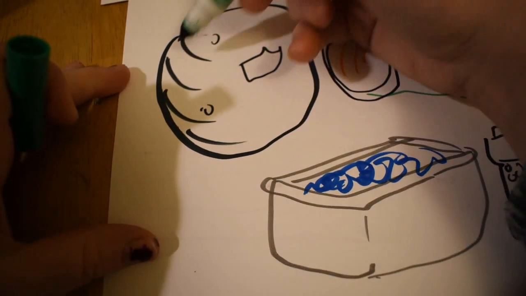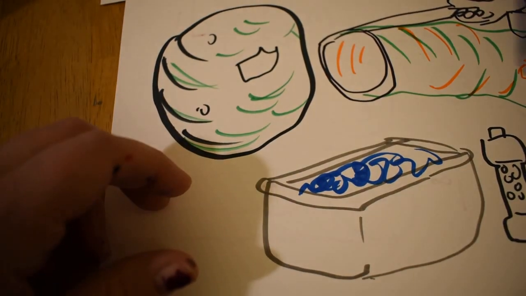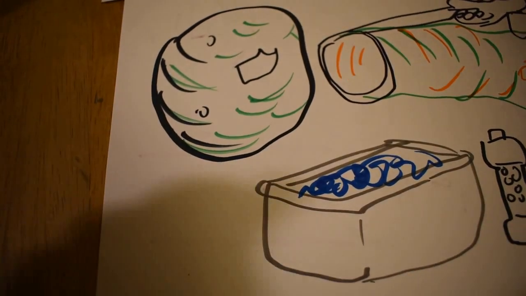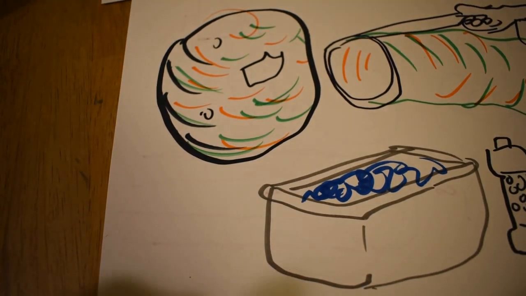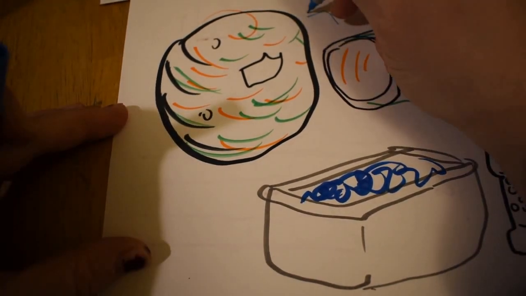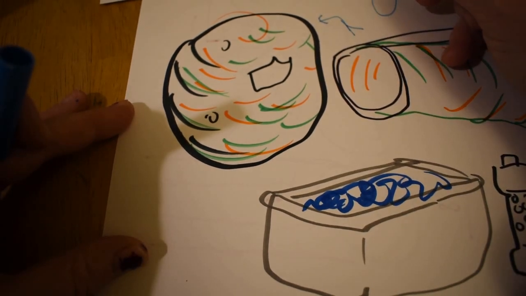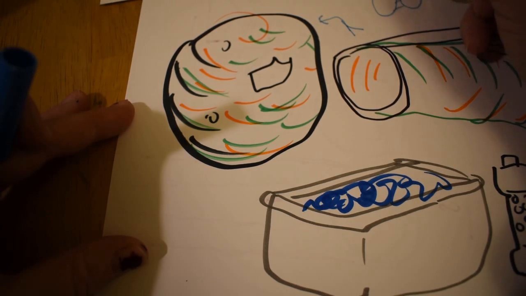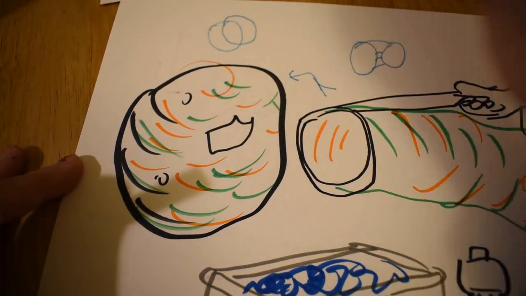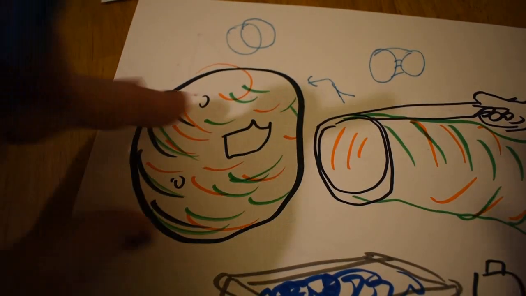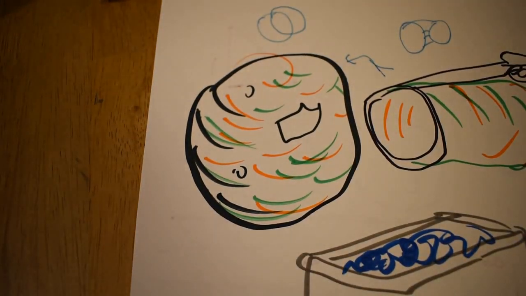Let me just put the green and orange in here again so you know that it's the same bubble. Okay, so when this is released, when it's allowed to collapse in on itself and go from the toroidal form back into the collapsed spherical form, it goes from this wormhole shape into a sphere, or the planet.